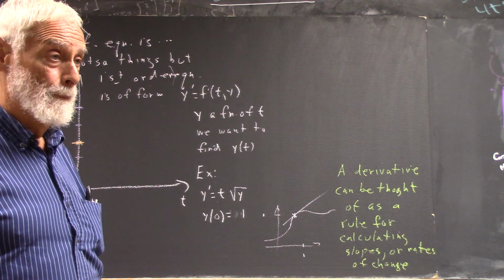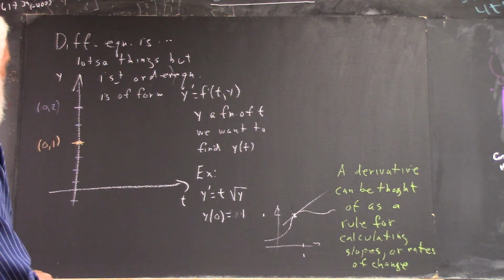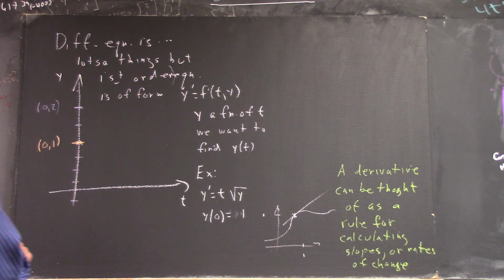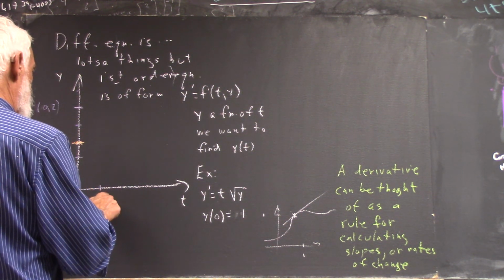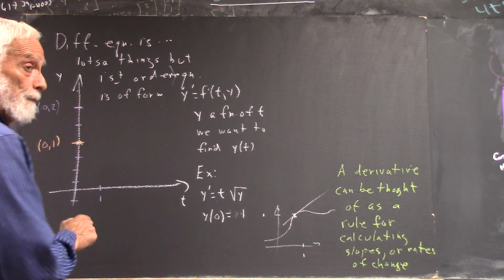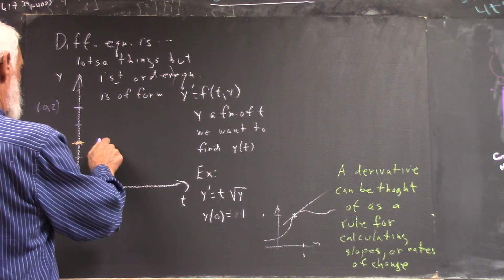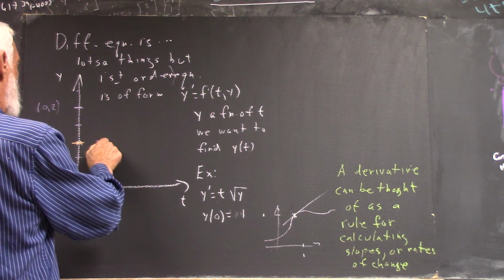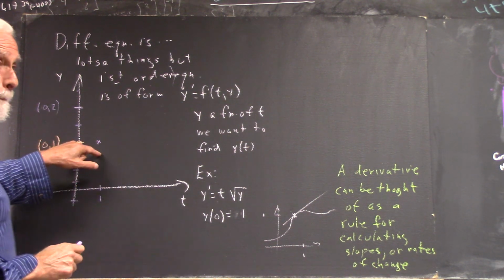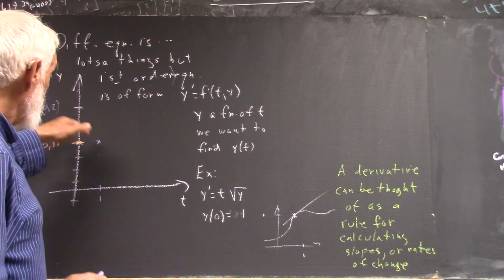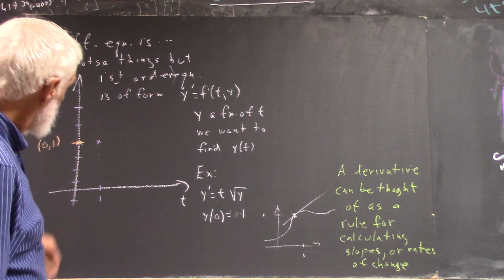Now let's go out to t equals 1. Let's just say 1 is here. Then let's go up to the point 1, 1. So here's the point 1, 1. I'm not going to label that because it's going to get kind of messed up.